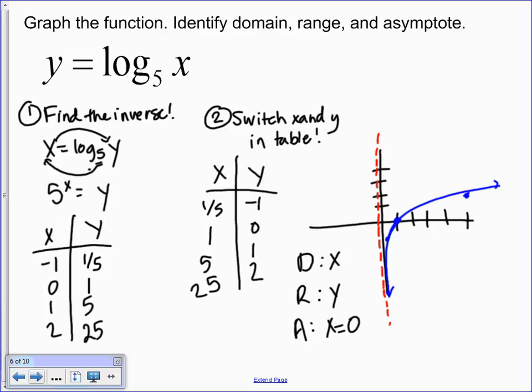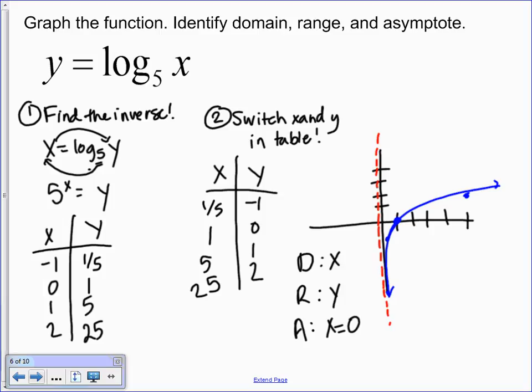So I went ahead and labeled them as x and y. But the domain and range from exponential functions are going to switch, and the domain for the exponential will be the range for the log function. The range for the exponential function will be the domain for the log function.